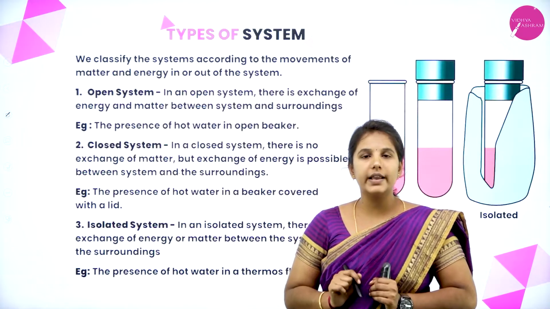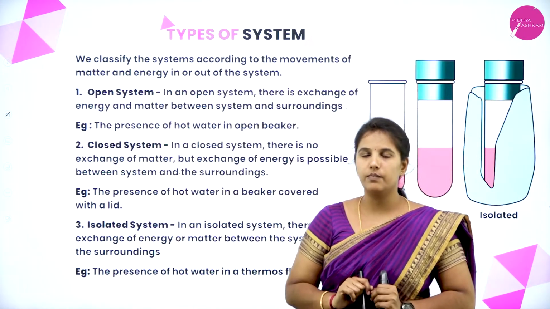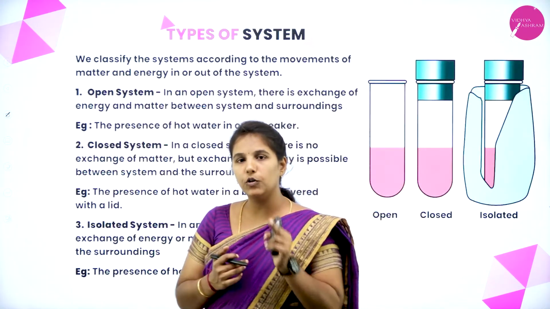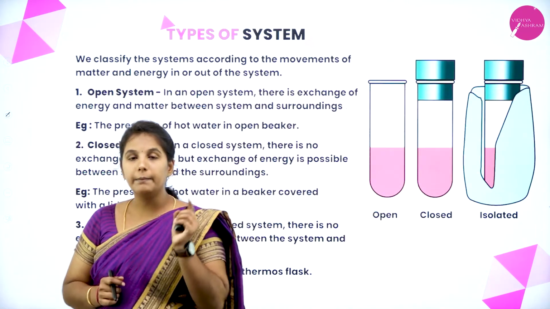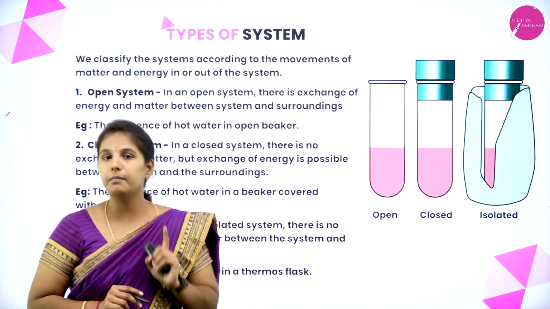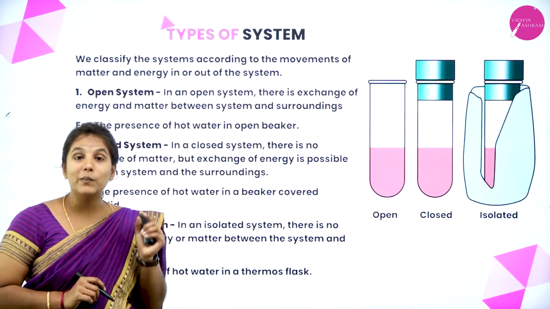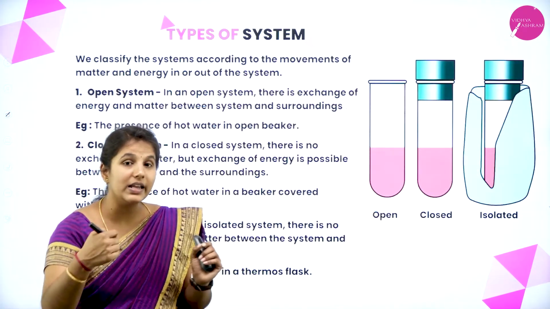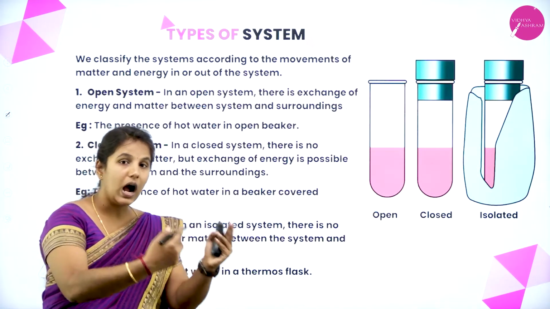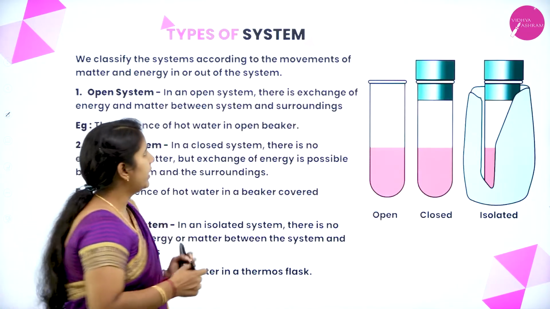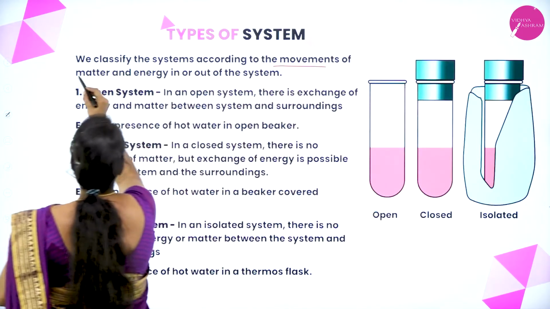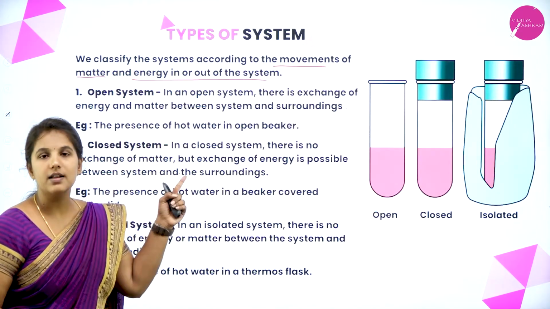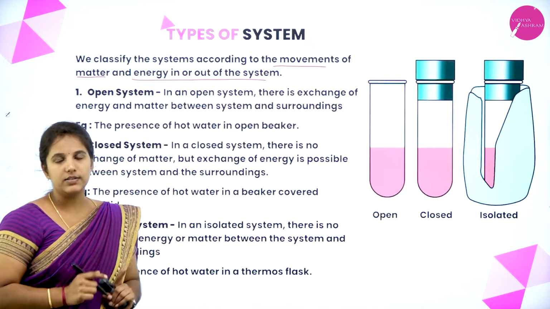Next, we are going to study the types of system. We can easily classify the system based upon two things. One is the movement of matter. The other one is the energy present inside or outside of the system.